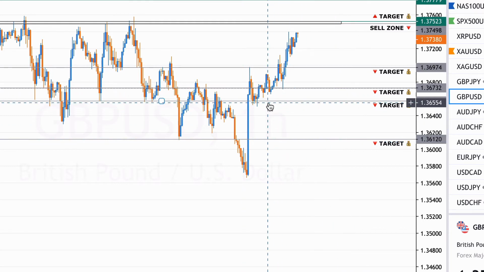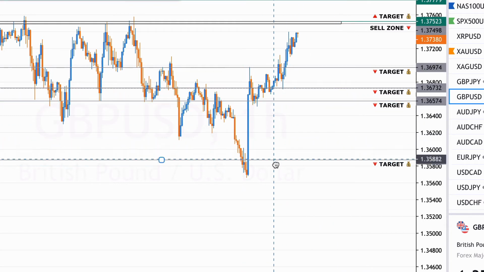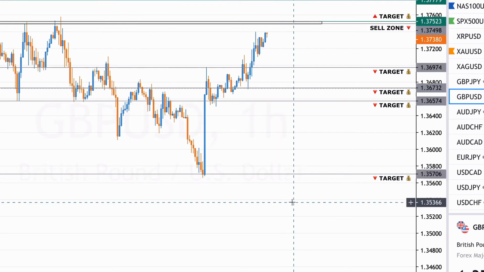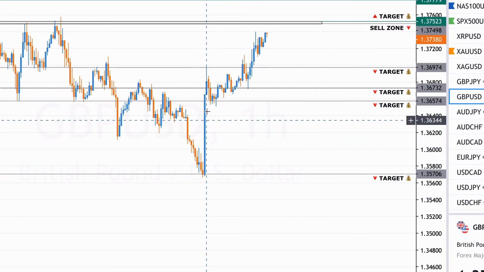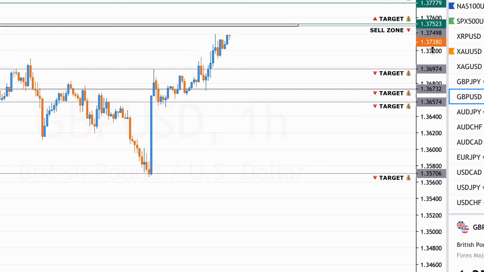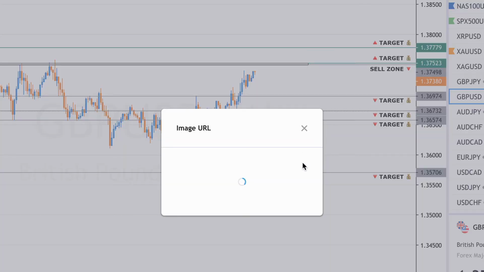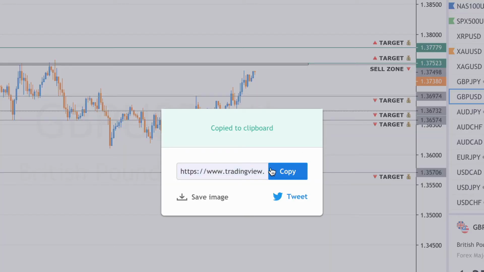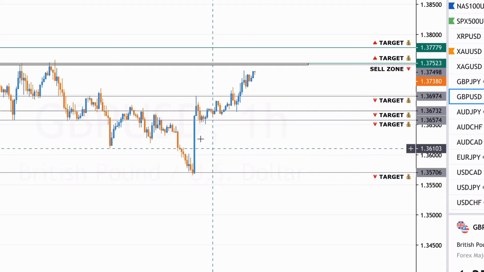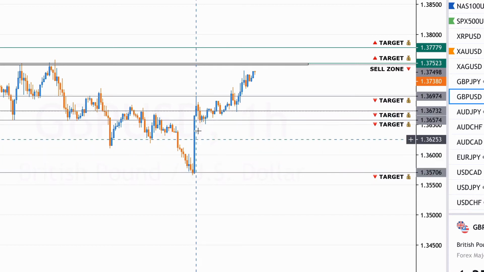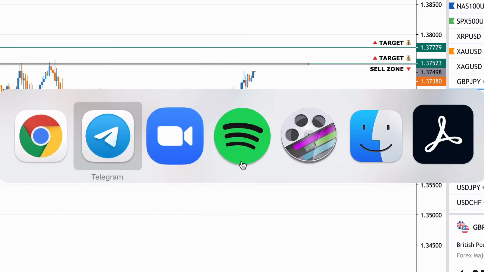If it breaks below this, we can come all the way down here. Why? Look at this candle. Has yet to be mitigated. Whenever you see long candles like this, just know at some point that candle has to be taken out.